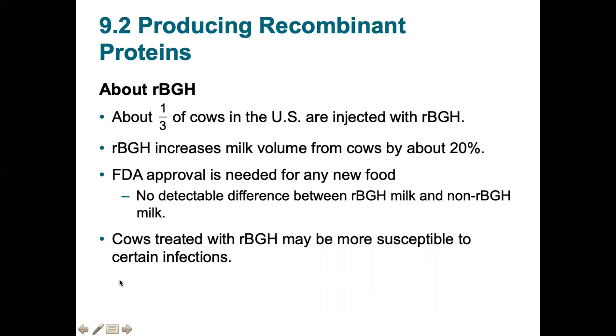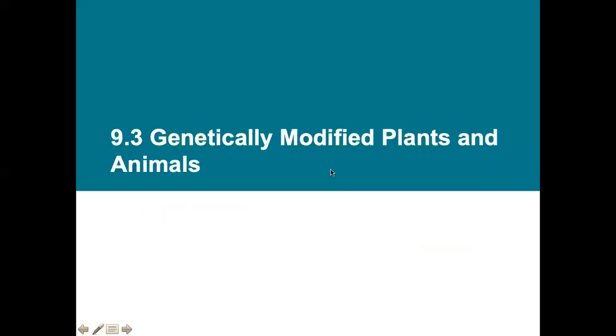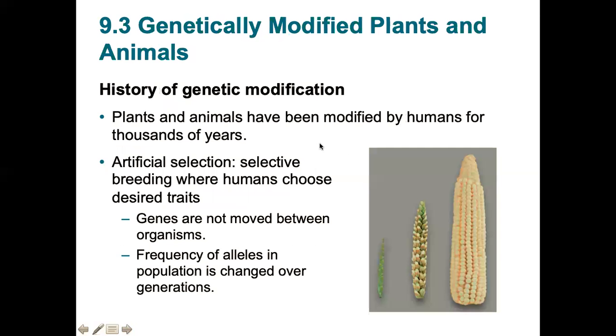There is something to be said about this, and there's definitely a lot of research. And I am not against genetically modified organisms. I'm not making a blanket statement about GMOs, but this one's a little interesting and worth investigating. So let's talk about genetically modified organisms.